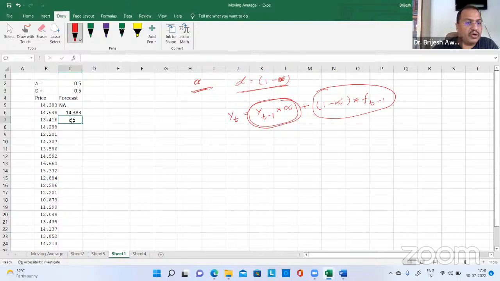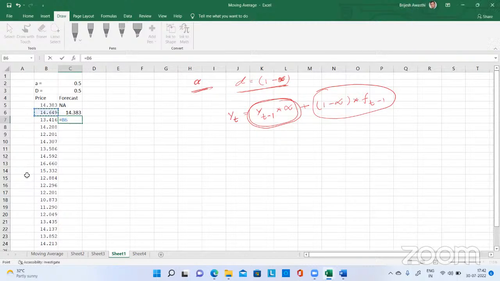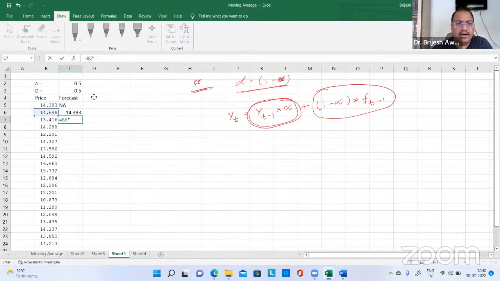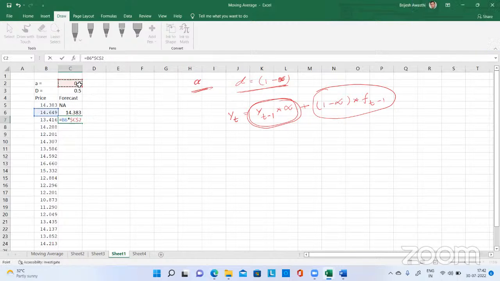Now I'm going to do forecasting. How will I do it? Equals to what is your previous sales, this one, 14.649, multiplied by alpha. What is the value of alpha? This, 0.5, right?